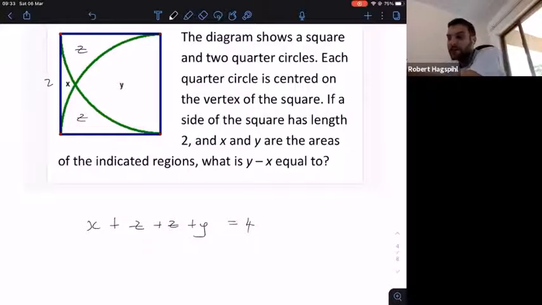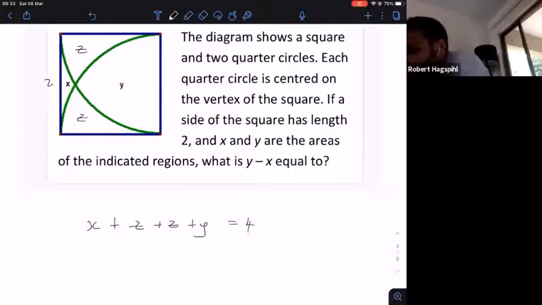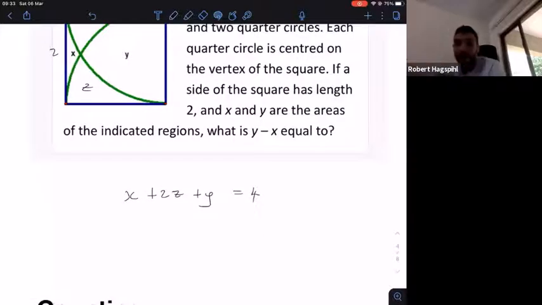The area of x, the area of y, and the area of z and z all together add up to the area of the whole square, which is equal to 4. Obviously, I can simplify that to x plus y plus 2z equals 4, and there I have an equation.